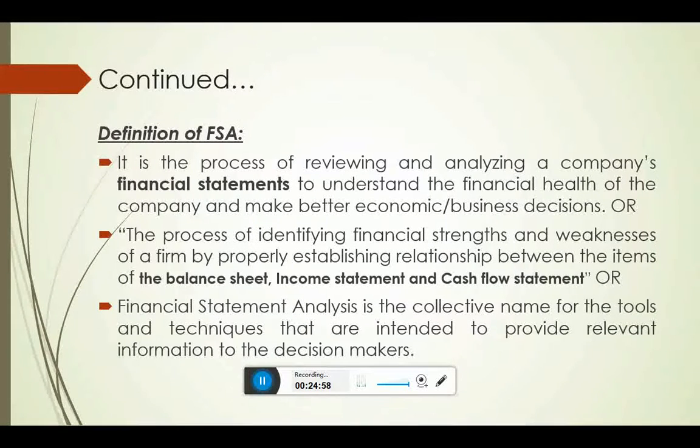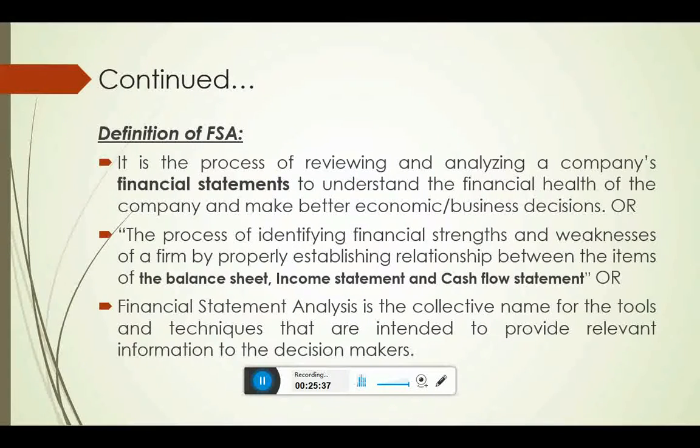So we properly establish the relationship between the revenues and expenses, the relationship of one expense with another, and the relationship of the revenue with each expense, right? We properly establish the relationships, and then we come to a conclusion and find out where the exact problem lies, right?